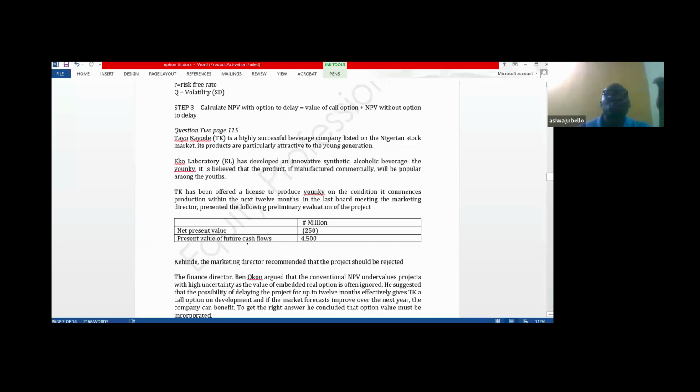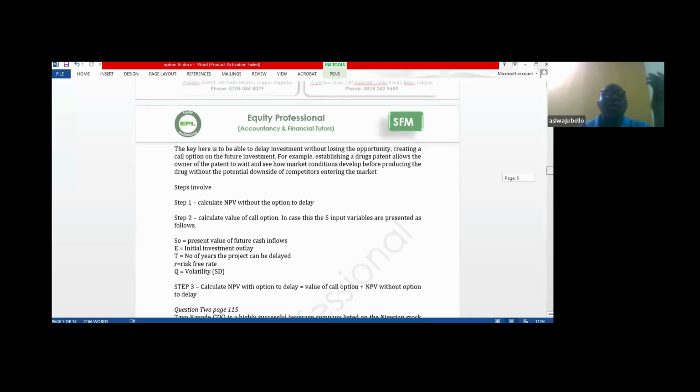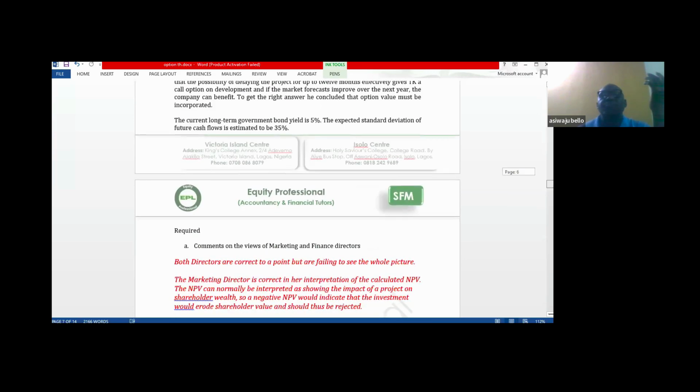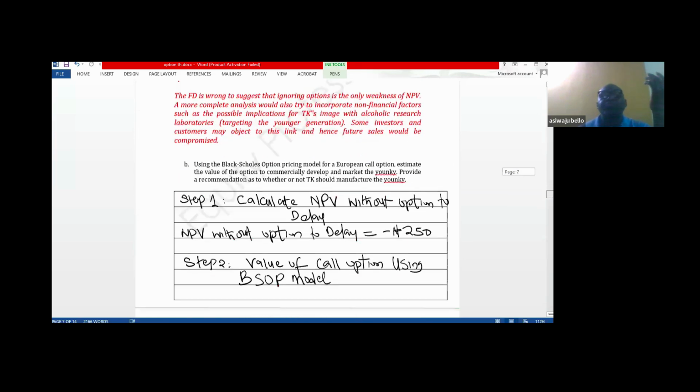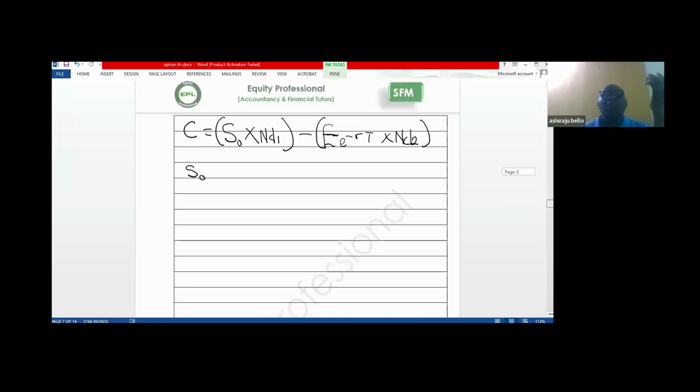Present value of future cash flows, 4,500. Look at it, it was there. So, present value of future cash inflows, pick the figure. This is 4,500.